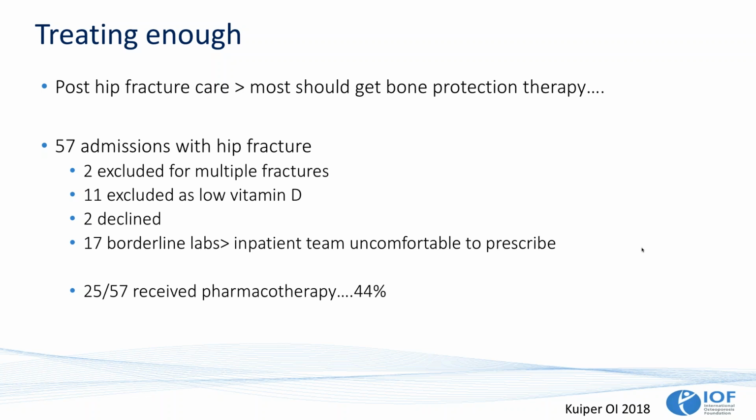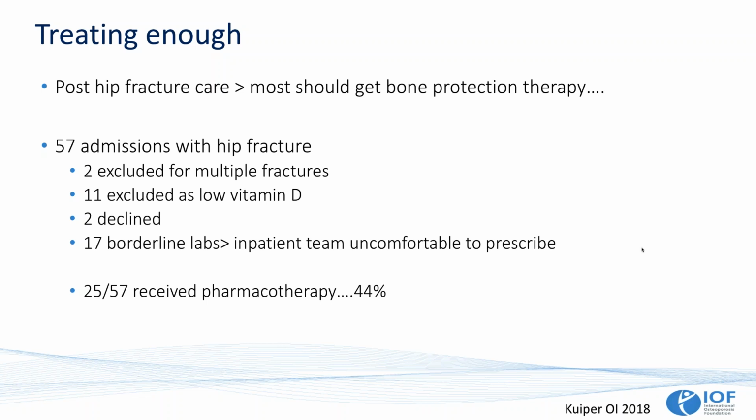But most people would argue post-hip fracture, nearly everybody should get therapy except those with severe end-stage renal disease or expected to live less than 6 months. And you can see here, it's very easy to put in rules that actually lead to a low penetration of pharmacotherapy.